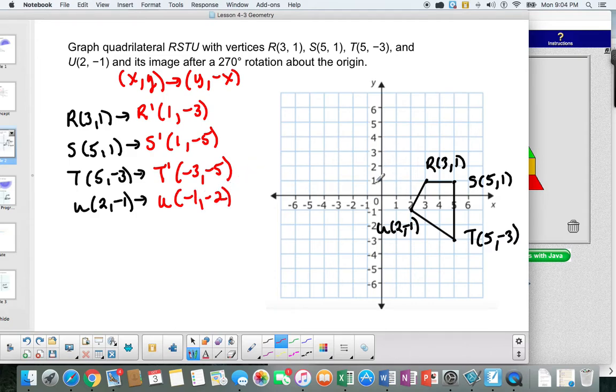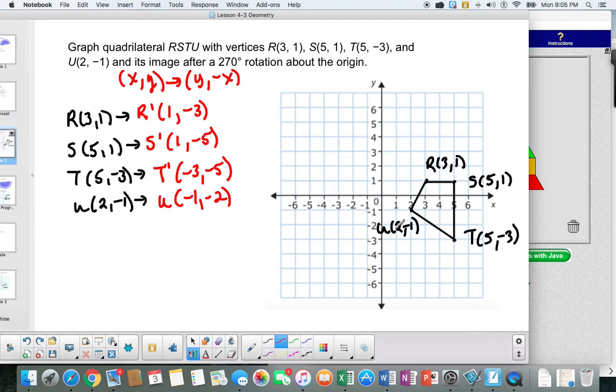Now let me plot these points. (1, -3). (1, -5). (-3, -5). (-1, -... Okay, I can see I have some points that are wrong. Let me go back.